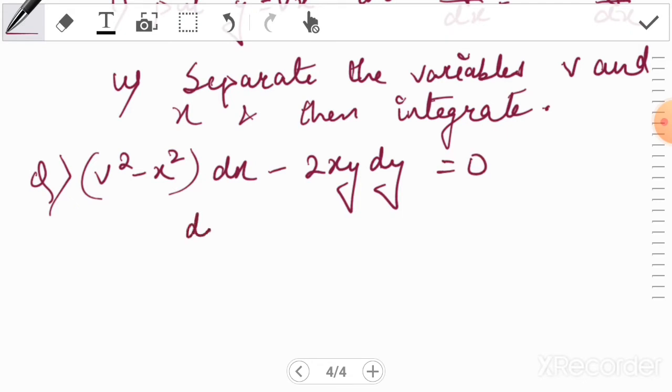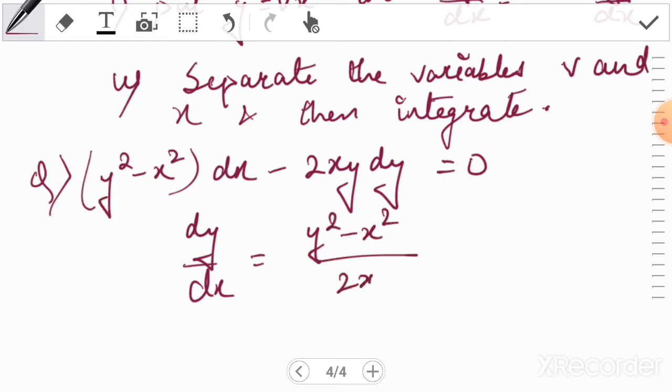So the given equation can be written as dy by dx is equal to (y square minus x square) by 2xy, so we can write this as (y by x square minus 1) by 2 (y by x).